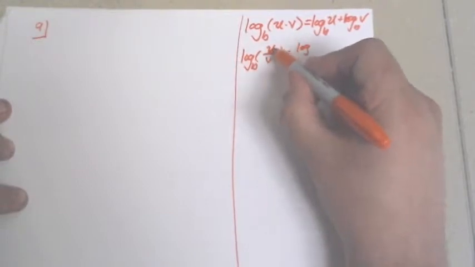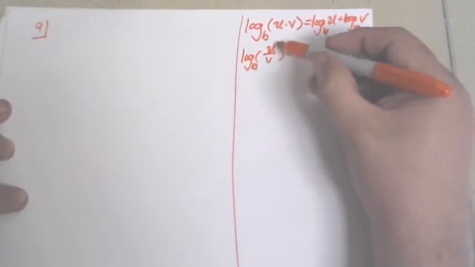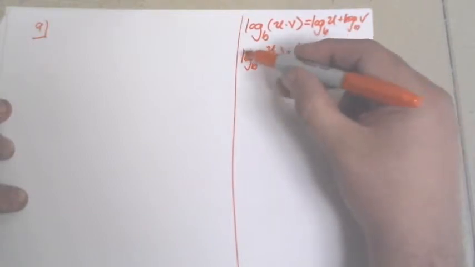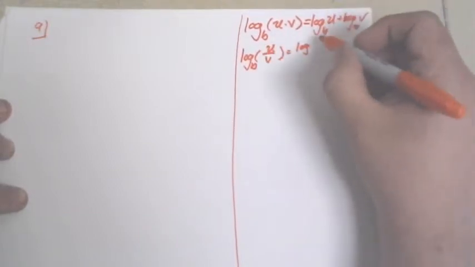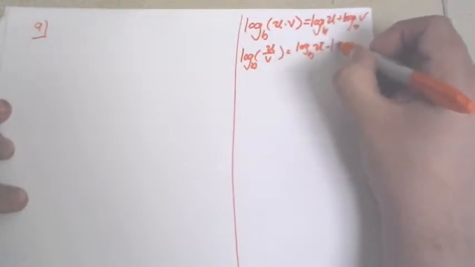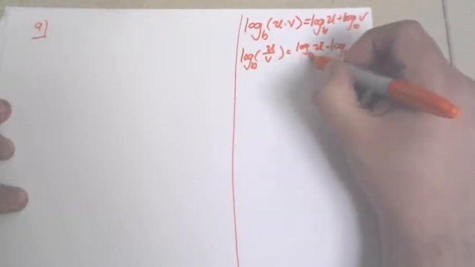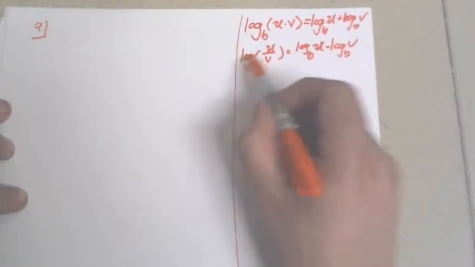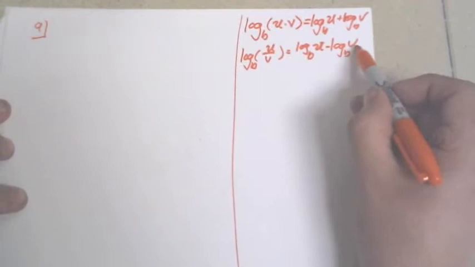Notice it is the log of a quotient. This isn't the log of u divided by the log of w. This is the log of that quotient, which turns into the subtraction. Again, the bases must match. The numerator first, subtracted by the denominator.